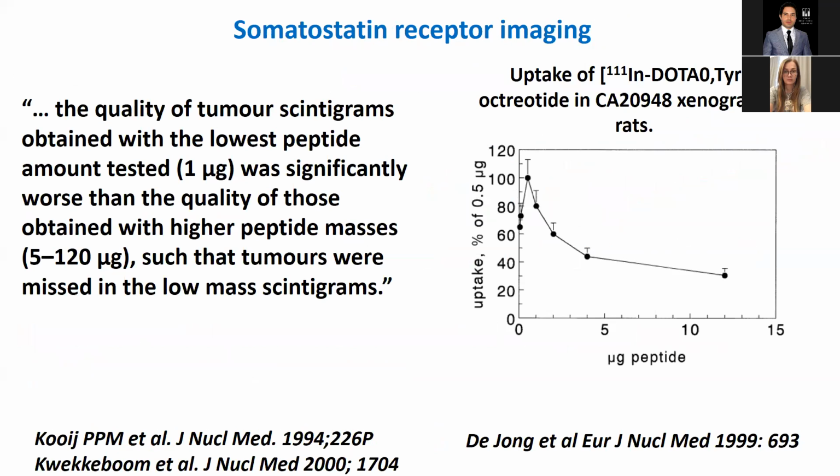However, the first bell rang in 1994 when the Rotterdam group started to work with a radiolabeled somatostatin analog, octreotide. They managed to image the somatostatin receptor in neuroendocrine tumors and started to investigate what activity you have to inject to get the best image.